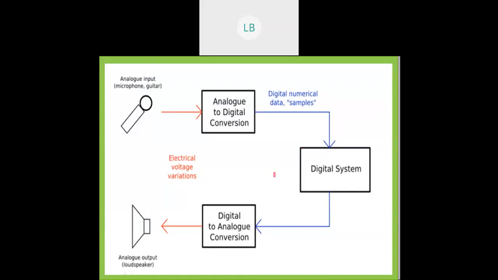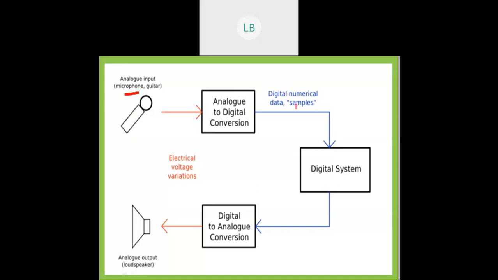In this you can see analog input is given through a microphone or guitar, for example. The analog signal is converted into digital by the analog to digital converter, ADC.